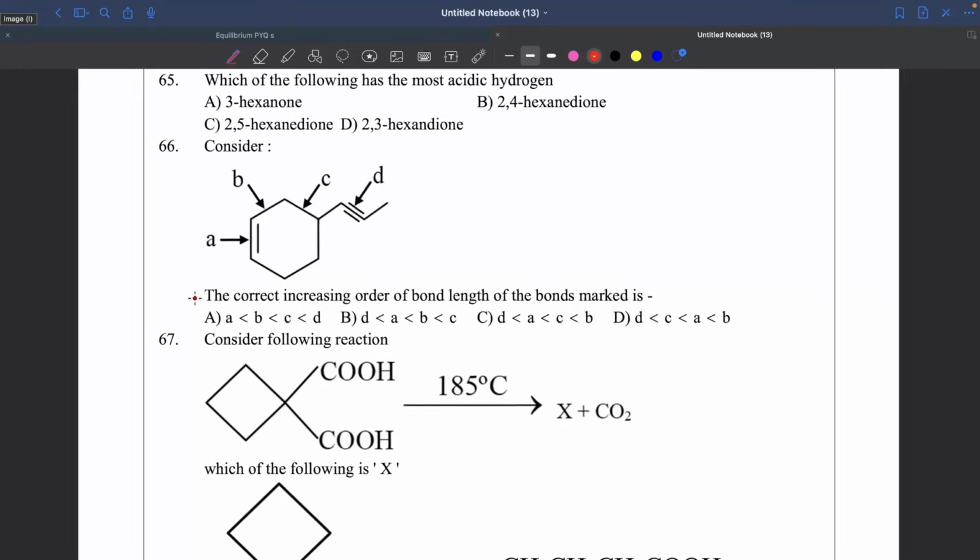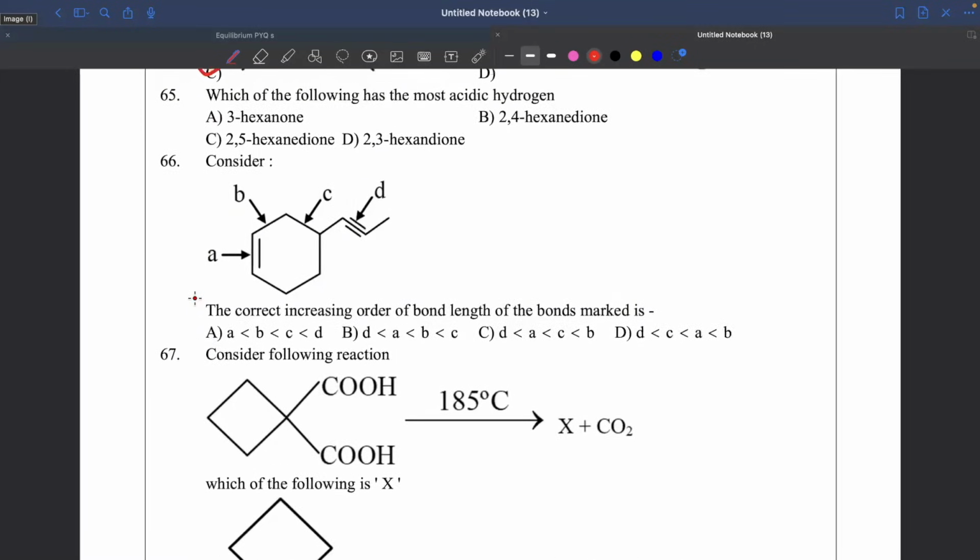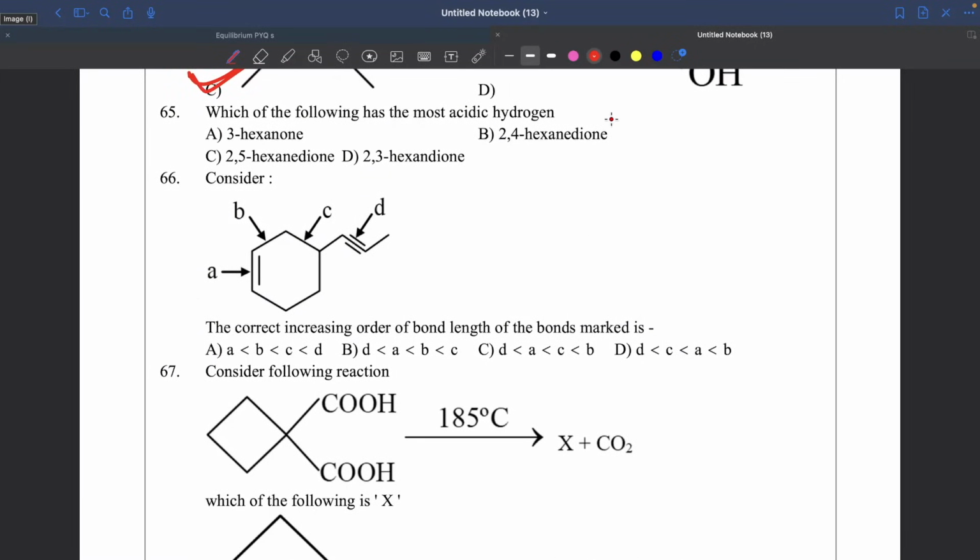Yeah, the next question is which of the following has got most acidic hydrogen? So this is 3-hexanone, 1 2 3 4 5 6, okay. 2,4-hexane dione, 1 2 3 4 5, 1 2 3 4 5 6.